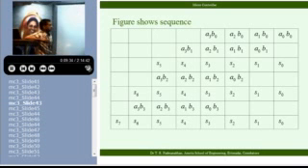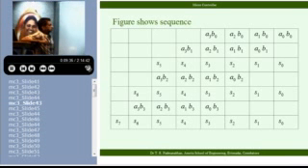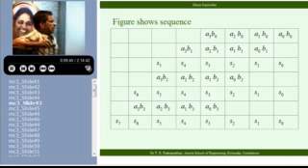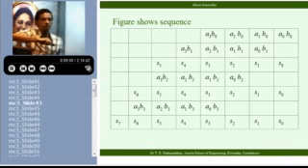I will correct this. I have to take the carry from here, am I right? Okay.